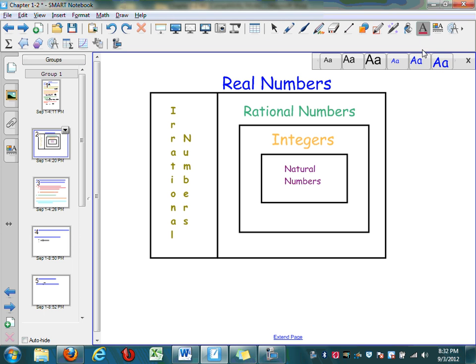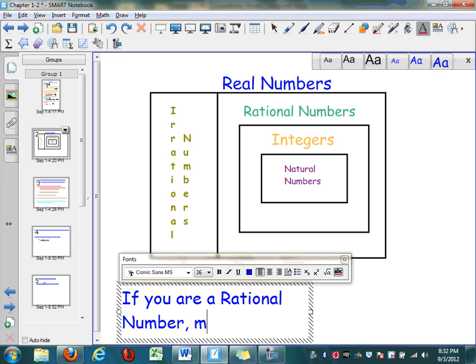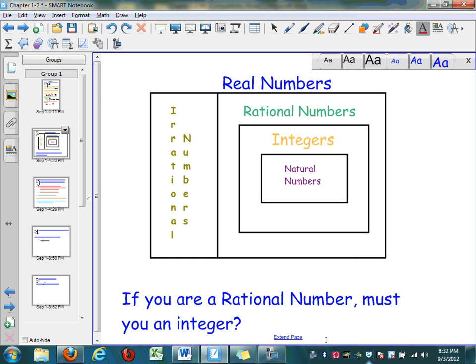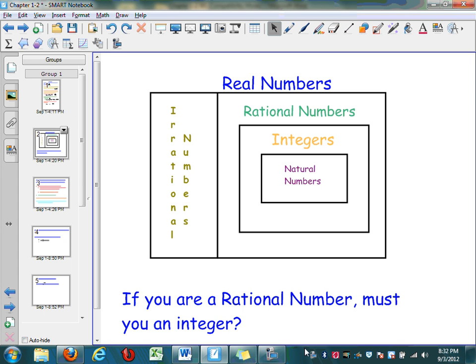I think sometimes we can understand better whenever we're reading it. So if you are a rational number, must you be an integer? And the answer to that would be what? The answer to that is going to be no. You do not have to be an integer.